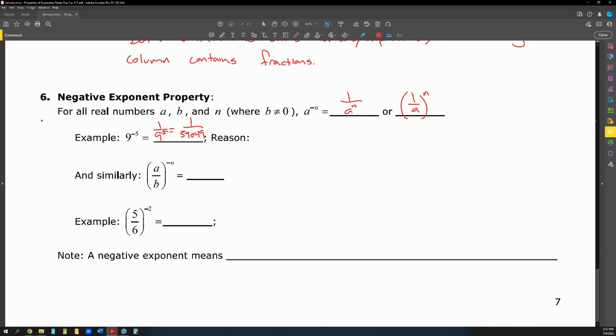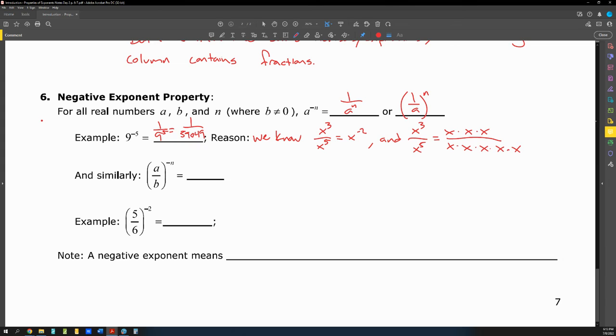And the reason is, if we start off with our quotient rule, we know that x to the third, just as an example, over x to the fifth is equal to x to the 3 minus 5, or x to the negative 2. We also know that if we expand these out, x to the third over x to the fifth is equal to x times x times x over x times x times x times x times x.